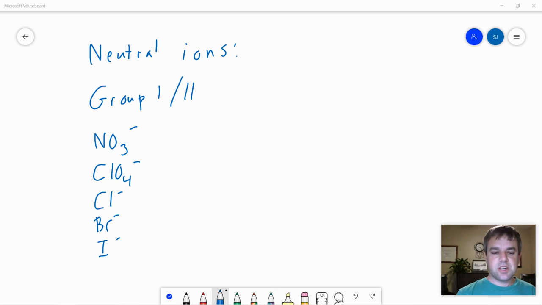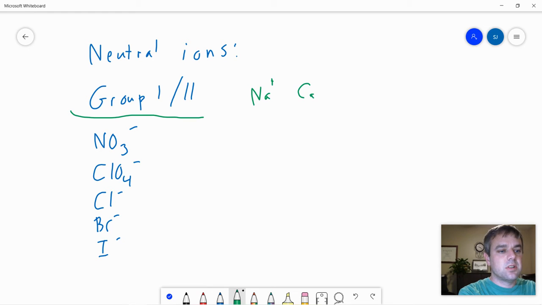The first I want to discuss, just to make sure that we're clear on this, is that ions that are considered neutral are the ones that are the conjugates of a strong acid or a strong base because they would be weaker than water. So, for instance, our group one and group two ions that would include things like sodium, calcium, strontium, potassium.